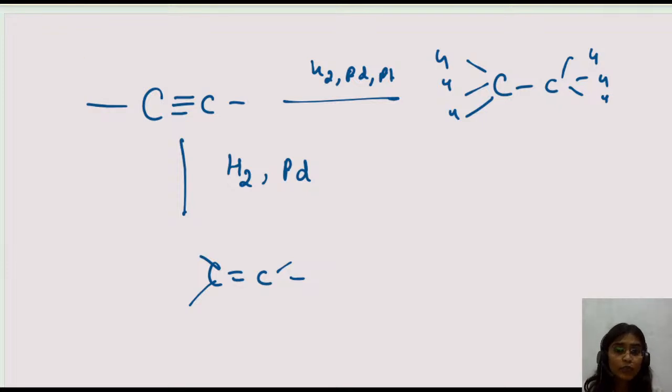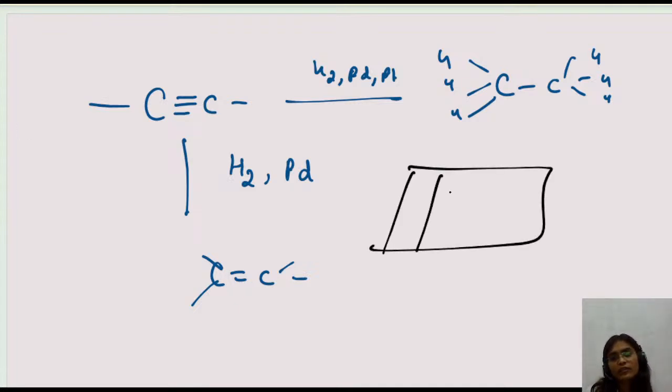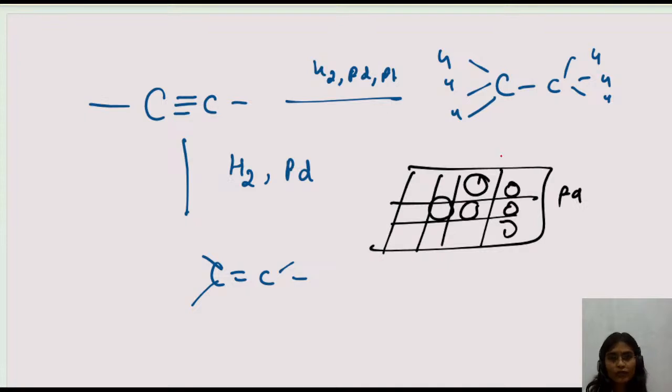So we are just poisoning the catalyst. We are blocking some sites of the catalyst, not really using a kind of poison. First you have a platinum sheet, then you spread a little bit of charcoal or carbon. Then there is some surface present on the catalyst, and you fill some gaps with sulfur.